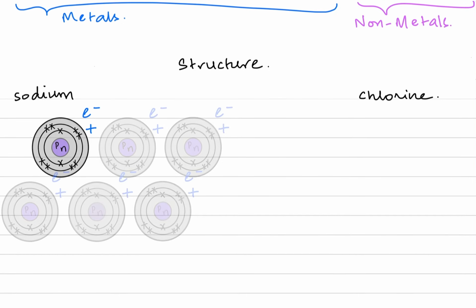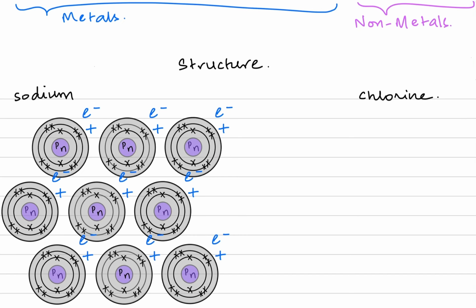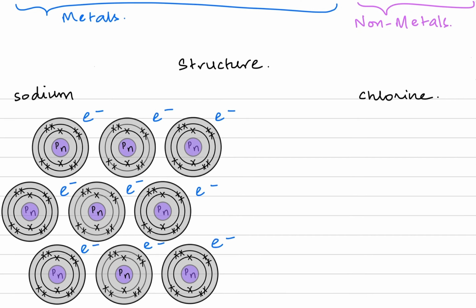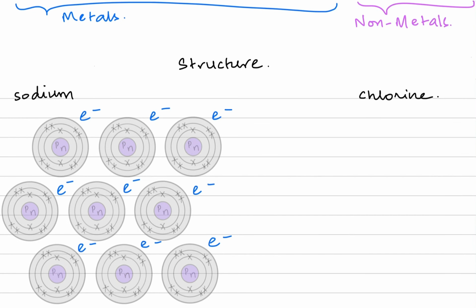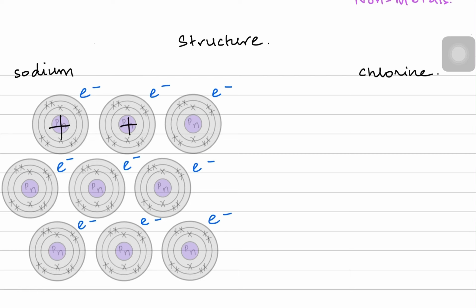So sodium makes a positive ion and the electron keeps on revolving around it. So all the sodium atoms make cations and there are electrons around them. You can notice there are so many sodium cations which have positive charges on them. Each sodium cation has a positive charge on it because it lost its valence electron.